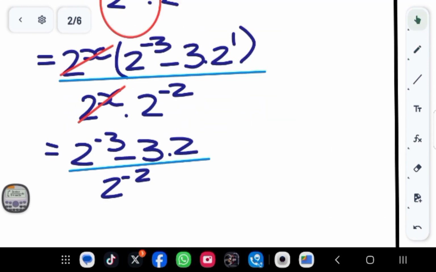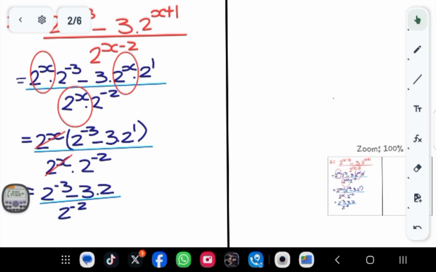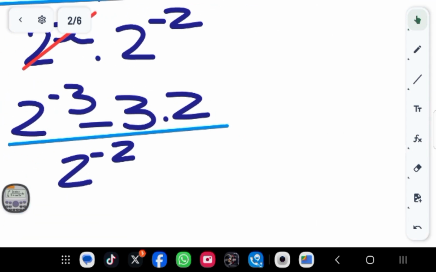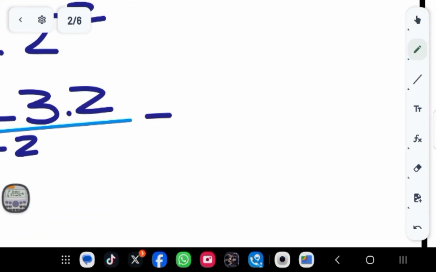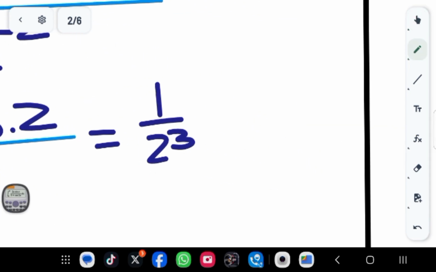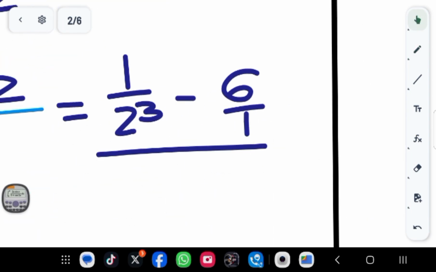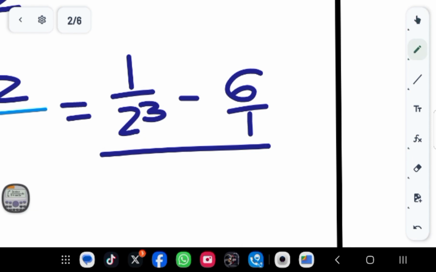Now what you do is you manipulate this. It will be very easy to manipulate, and that gives us 1 over 2 to the power of 3. That's how we leave that in a positive, minus 6, or you can write that as 6 over 1, all over 2 to the power of negative 2, which can be written as 1 over 2 to the power of 2.